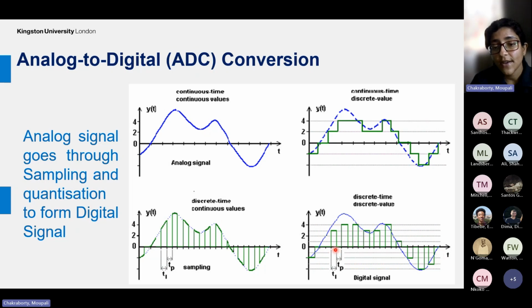But here it just holds a level. So in between, let's say, level 3 and level 4, there is no value. It is just constant. Again, in between levels 3 and 4, it is constant at level 4. So it is a discrete time and discrete value signal, and we call this signal a digital signal. To convert an analog signal to digital, we need to do sampling as well as quantization. Is it understood?